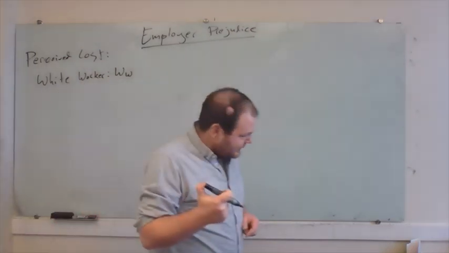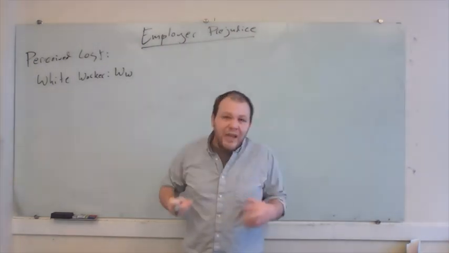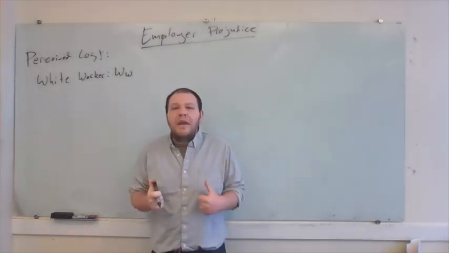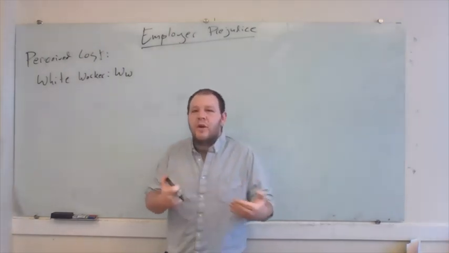On the other hand, the perceived cost of hiring a non-white worker is going to be the wage paid to that worker plus the degree to which this particular employer has prejudice or distaste towards non-white workers.